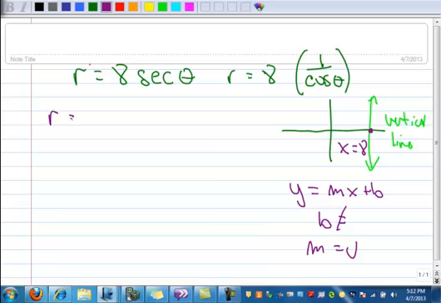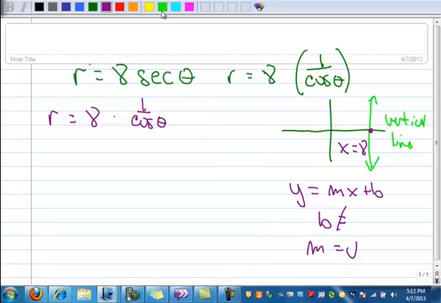Alright, so the first thing we want to do is change it to cosine, which I did over there, so let me recopy this. 8 times 1 over the cosine of theta, and I don't really need my parentheses, so I'm just going to put my multiplication in there.